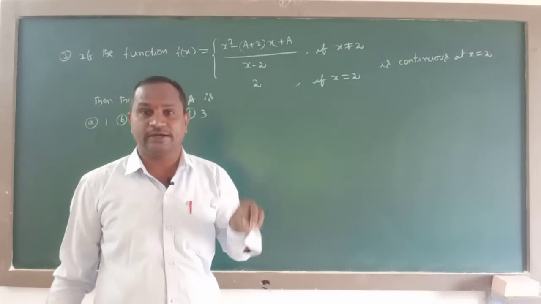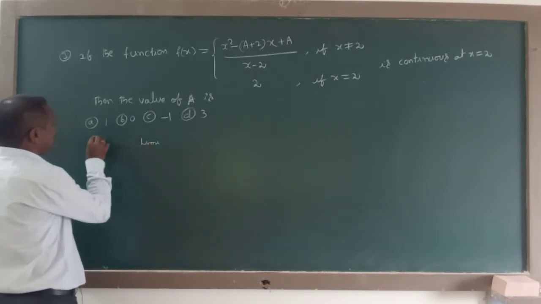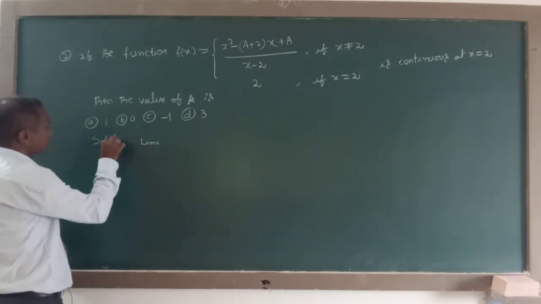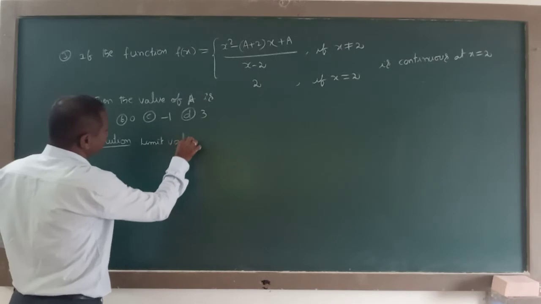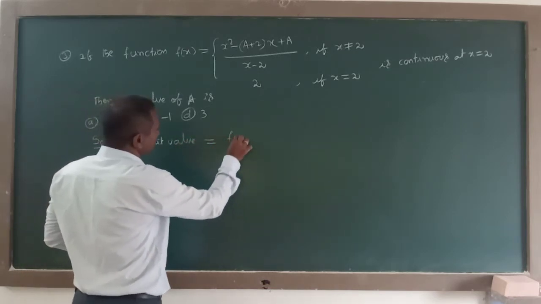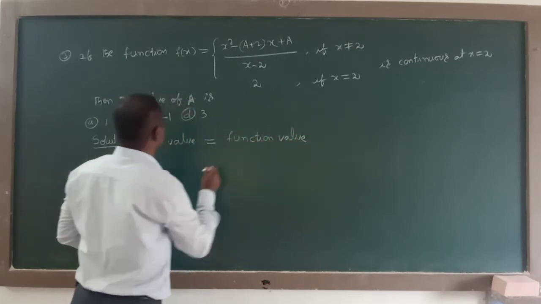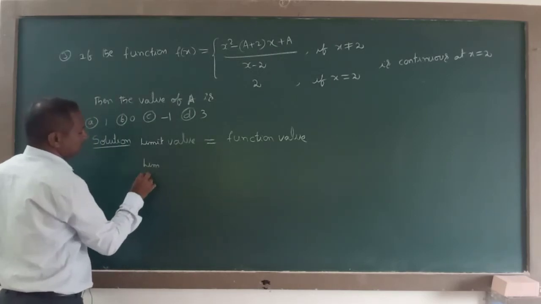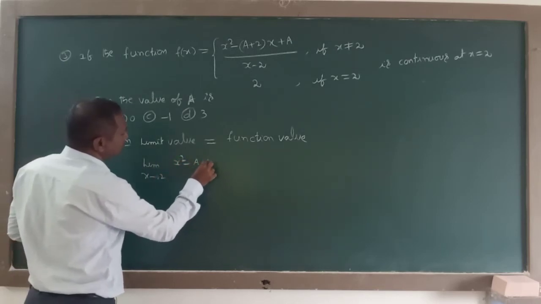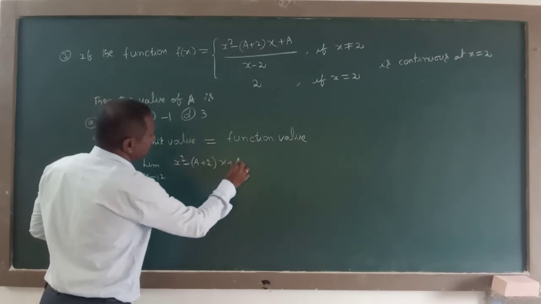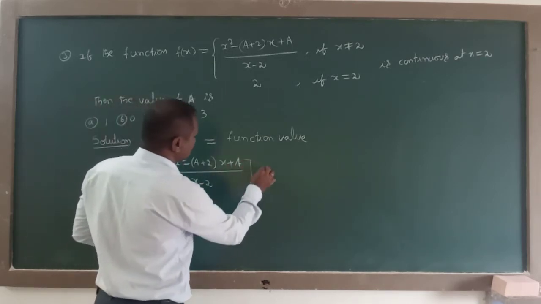We are checking that now. The limit value must be equal to the function value. That is, limit x tends to 2 of x square minus (a plus 2) x plus a, whole divided by x minus 2, is equal to f of 2 here.